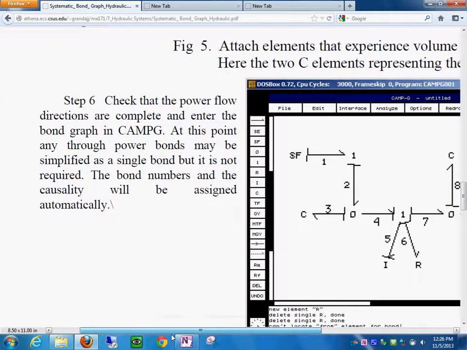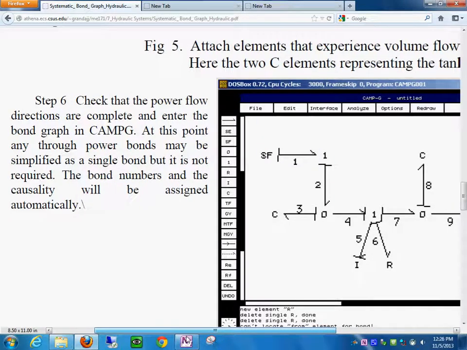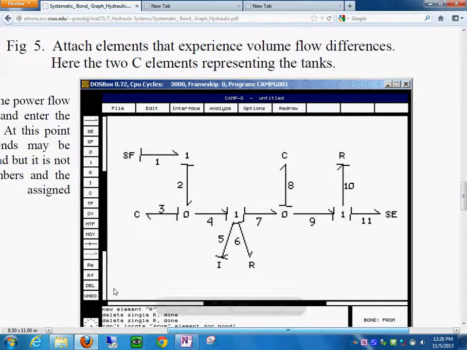See, check the power flow and directions and enter it into CAMG. At this point, the program will assign also the causal marks.